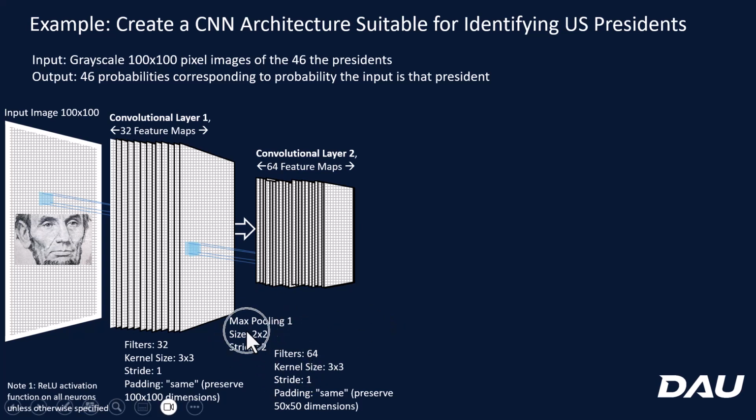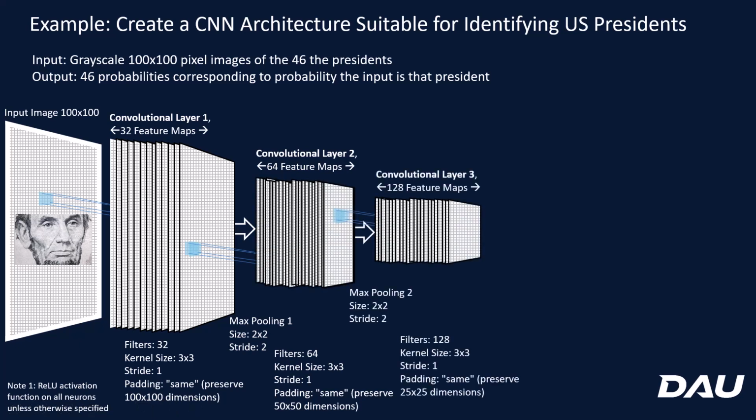Okay, so we use max pooling to downsample, but then we're going to use a convolution to convolve these things. And that filter is going to be another 3 by 3 kernel with a stride of 1. And then we'll convolve those to make those feature maps. Then we'll max pool again with another 2 by 2 and a stride of 2, take it down in half again. So now we'll get 25 by 25 resolution.